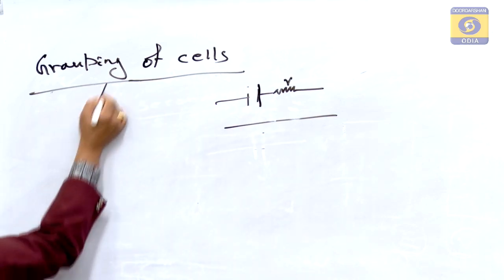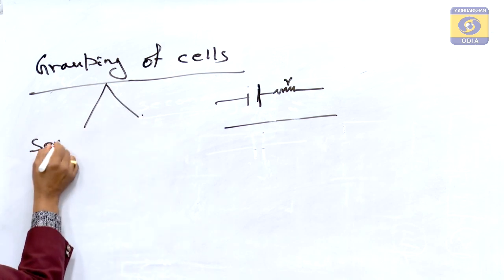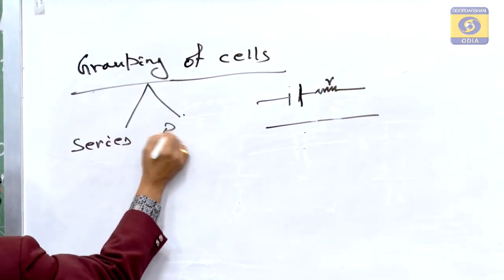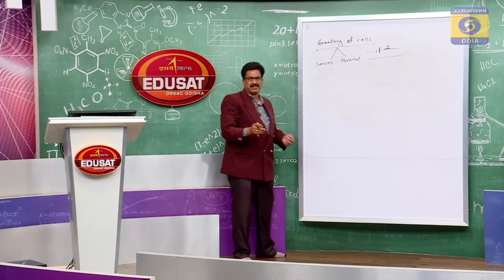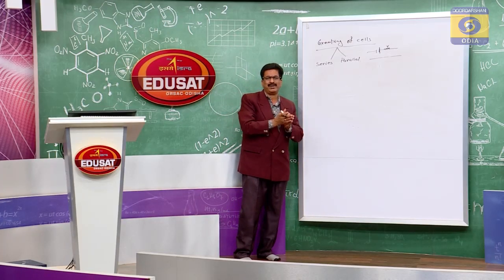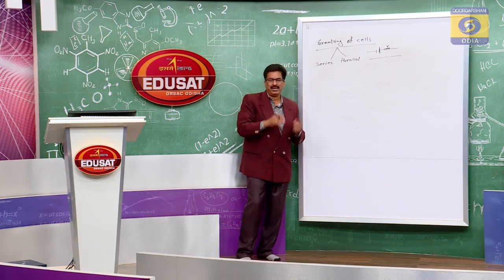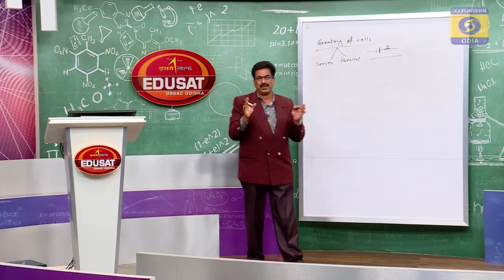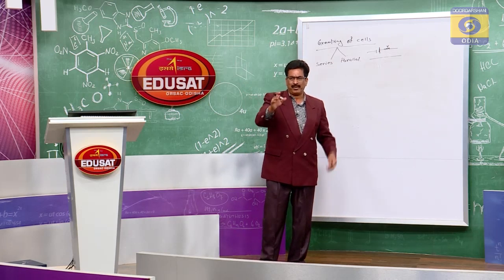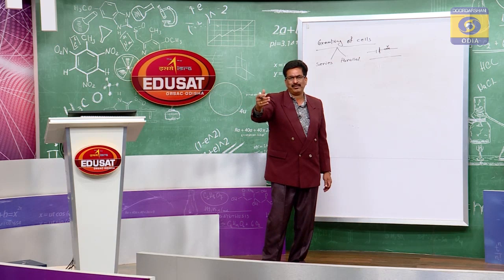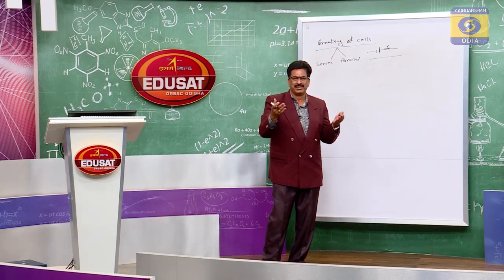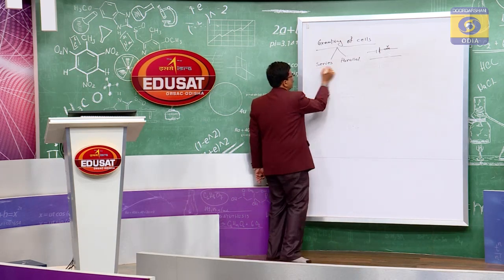The grouping of cells is divided into two types: one is series, another is parallel. Series, in our common language, is pankti. In your villages you will find a pankti bhojana, where people sit one by one. That is what series means.